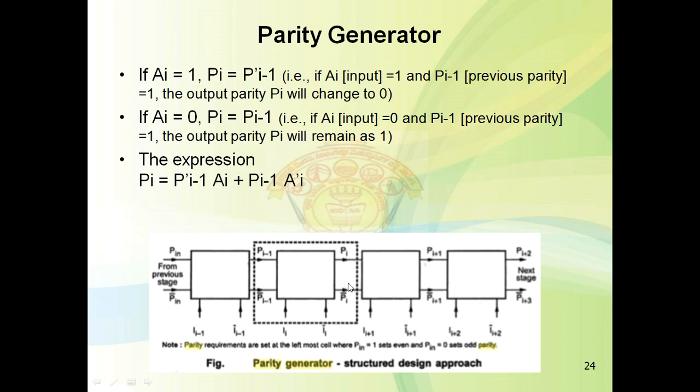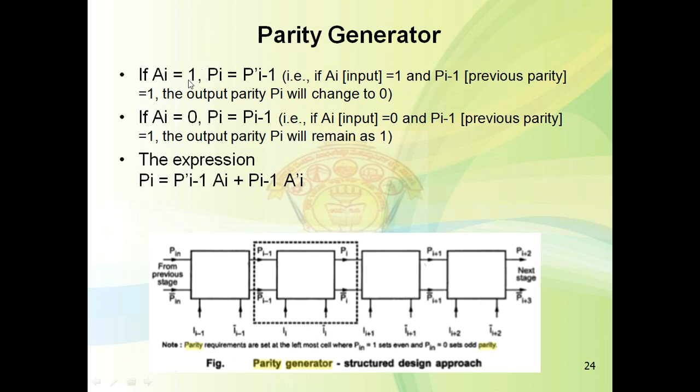Okay, so how do we have to set this parity? Depending upon the current input, Ai is the current input.